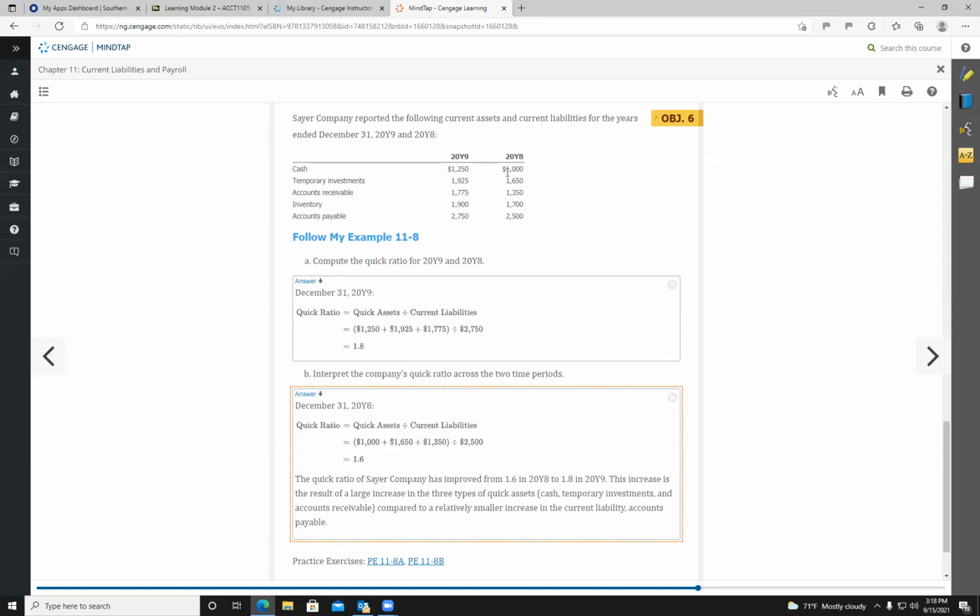We look here, obviously, these quick asset totals did increase significantly from prior year to current year. Okay, so that is what's caused an improvement in the quick ratio from prior year to current year.